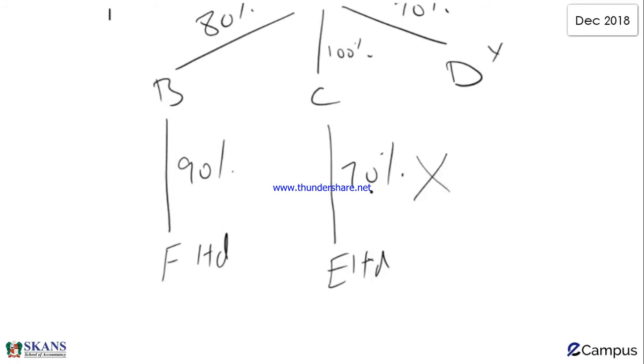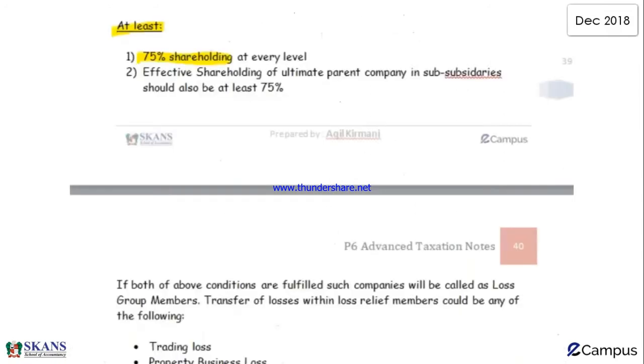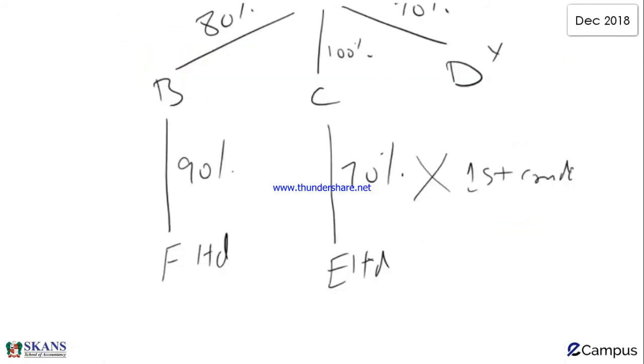Because it is not fulfilling the first condition. Well, what is the first condition? The first condition is that there should be a 75% shareholding at every level.